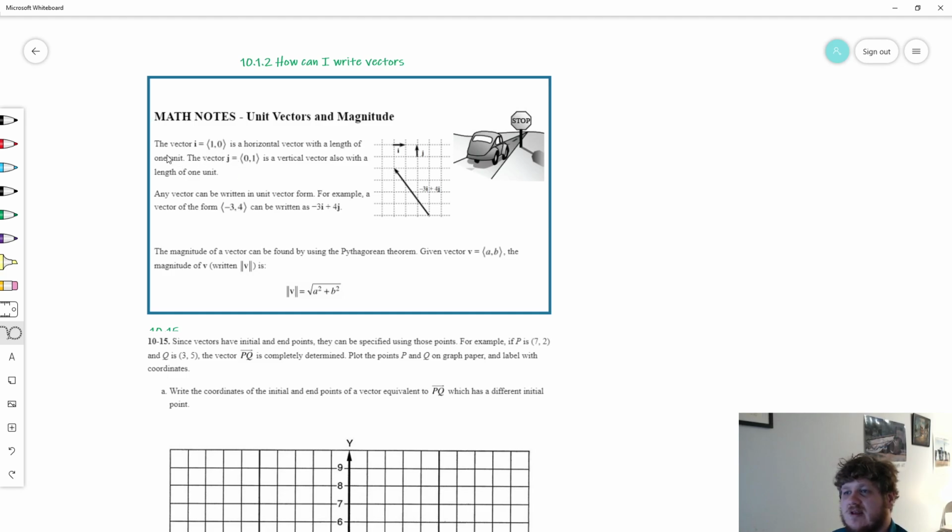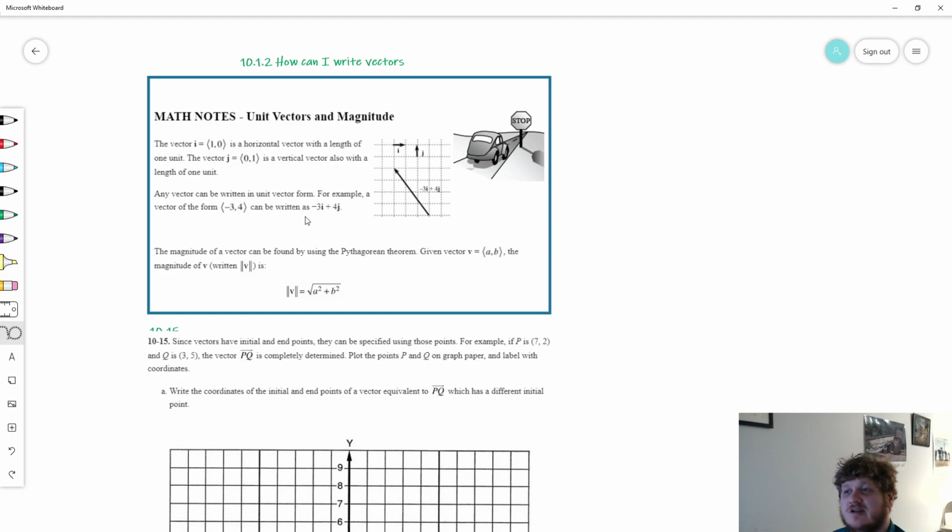The vector i is 1, 0, meaning a distance of 1 in the x direction. And the vector j is a unit of 1 acting in the y direction. So you can turn any vector into vector notation using this.